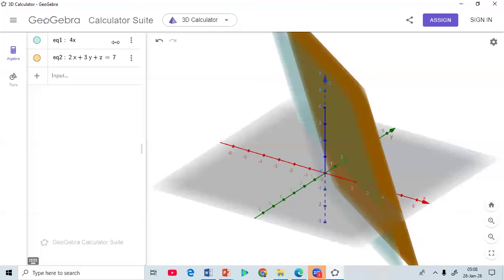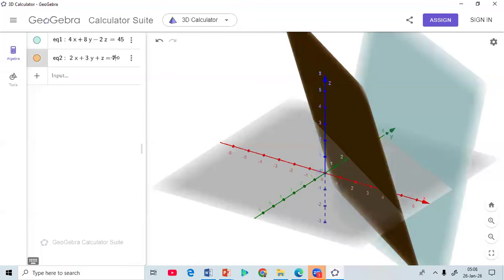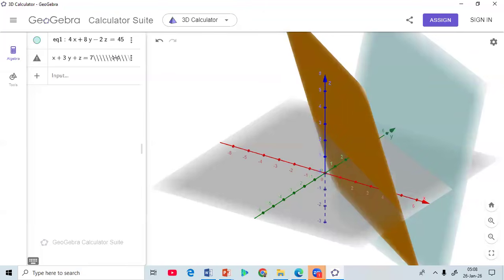So the first plane that we had was 4x plus 8y minus 2z equals 45. Then the second plane we had was 4x plus 8y, here I'm going to remove this, it is 4x plus 8y minus 2z equals negative 22.